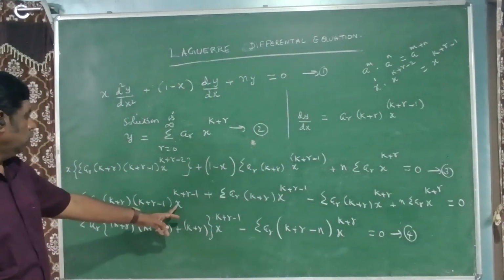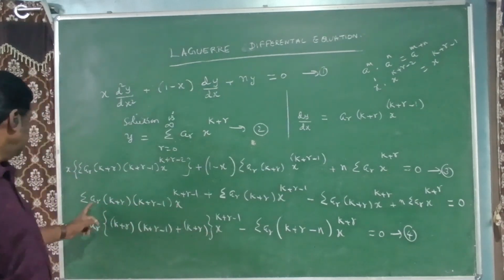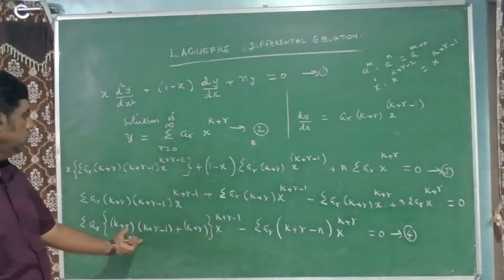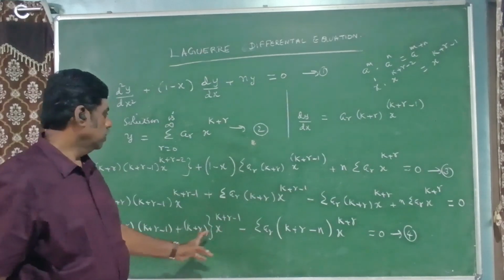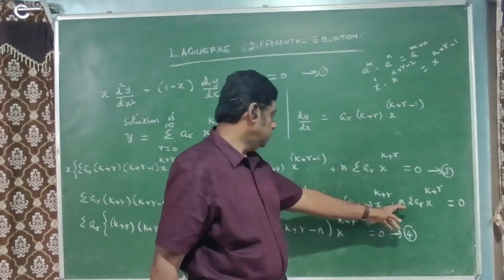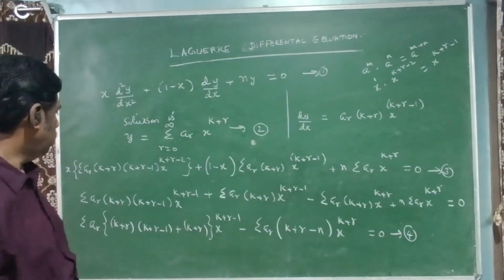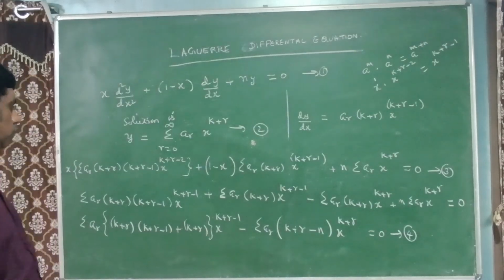These two terms are present plus this term. Here we have taken out minus a_r outside, so (k+r−n). Entire is multiplied by x^(k+r). That is equal to 0.